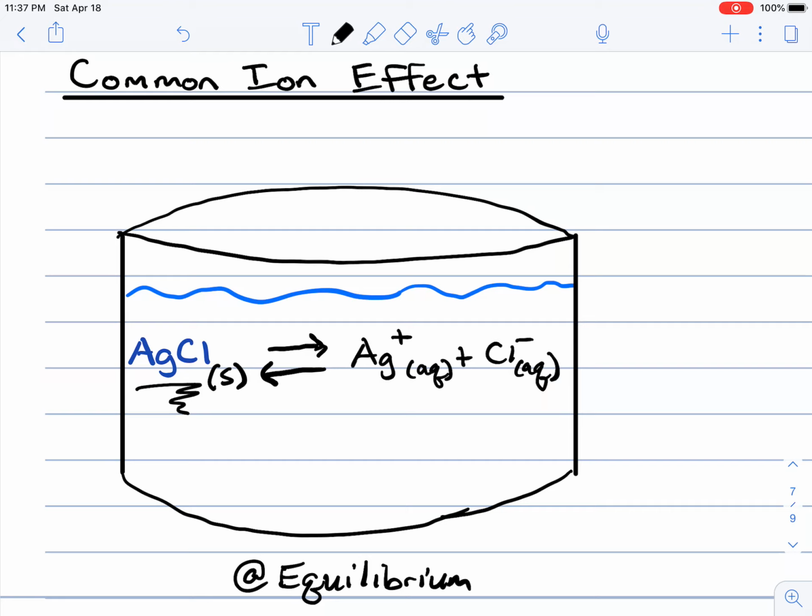So we have silver chloride, and we know that most of it is going to stay as a precipitate. So we're going to see a whole bunch of white precipitate, however, a small fraction of it is going to decompose to produce these two ions, silver ion and chloride ion.